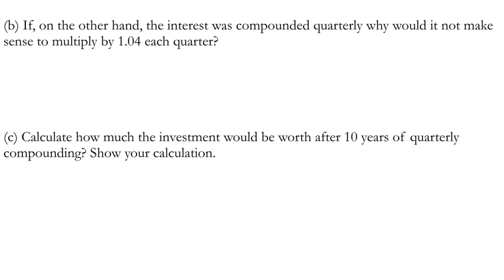So the reason that we wouldn't multiply by 1.04 on that last slide that we just saw, we had 500 times 1 plus 0.04 divided by 1 to the 10th power, which really we could have rewritten as 500 times 1.04 to the 10th power.